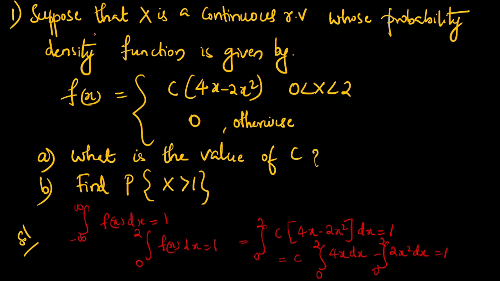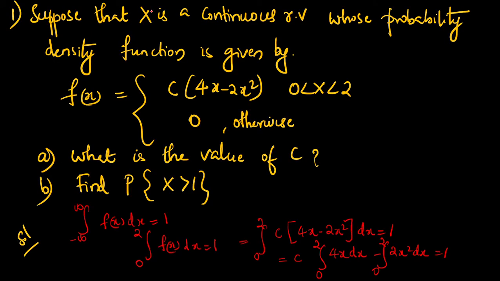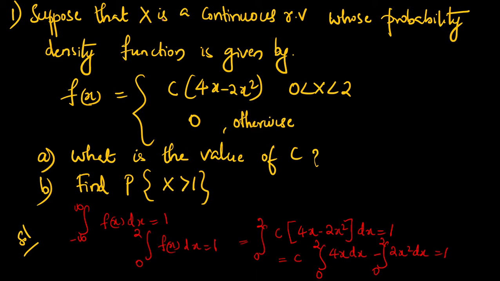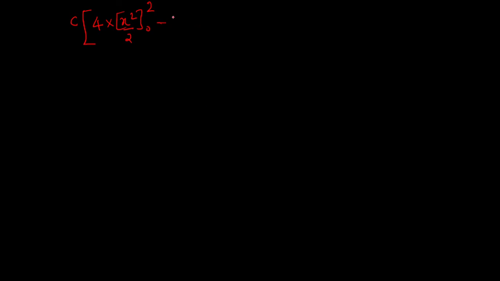This is equal to c into integral 0 to 2 4x dx, that is 4 into x square by 2 within the limits 0 to 2, minus integral 0 to 2 2x square dx, 2 into x cube by 3 within the limits 0 to 2.